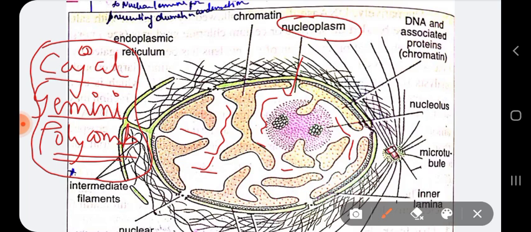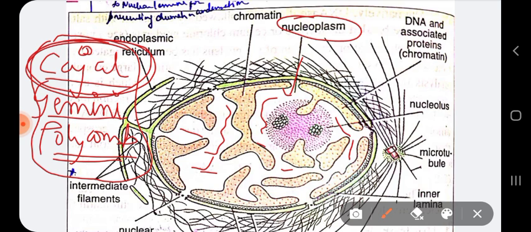Again, I repeat, these Cajal bodies are the regions found within the nucleoplasm. They are enriched with proteins and RNA, which are involved in RNA processing, specifically mRNA processing.